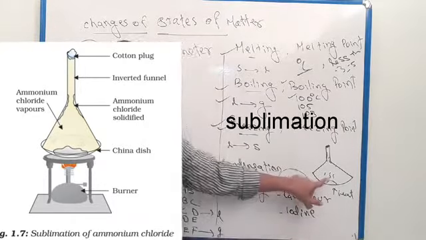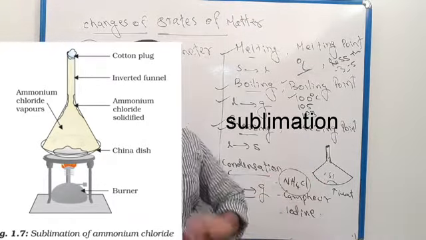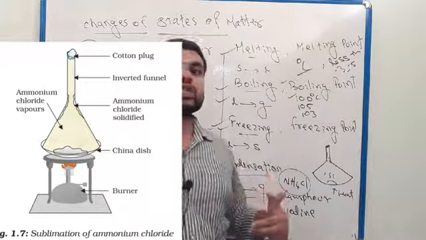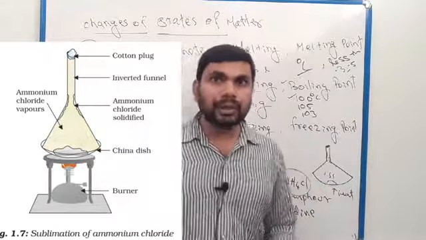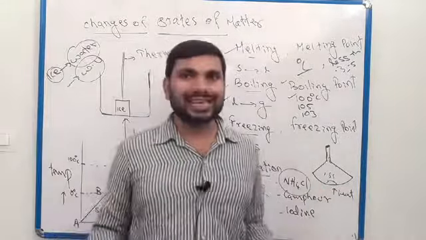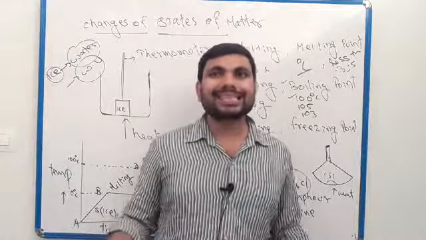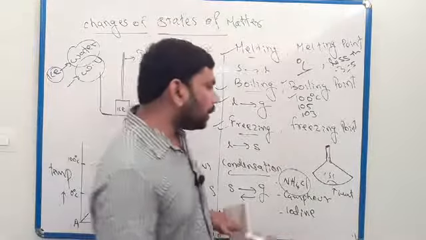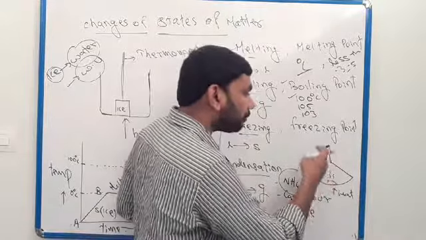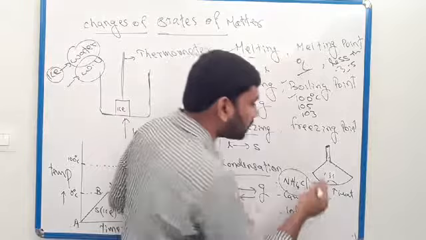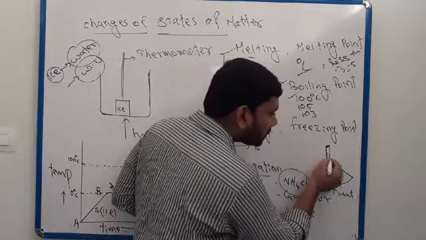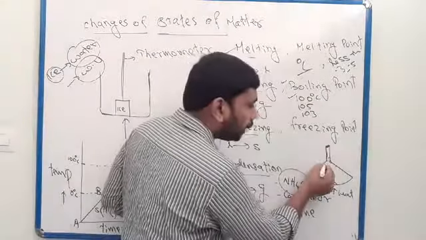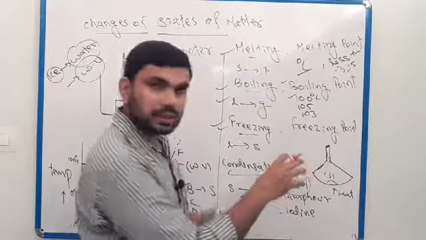Okay, so here ammonium chloride after heating will change to ammonium chloride vapor. This vapor does not escape outside. It will stay inside only. After some time you can see some white powder on the surface of the funnel tail.